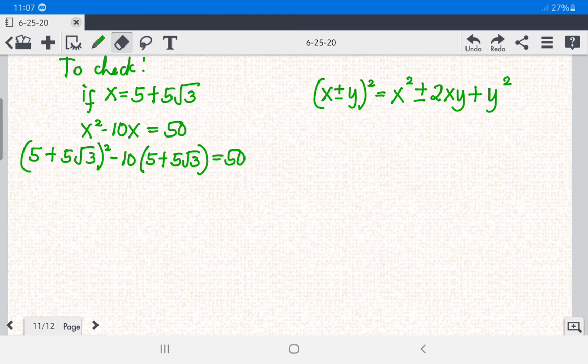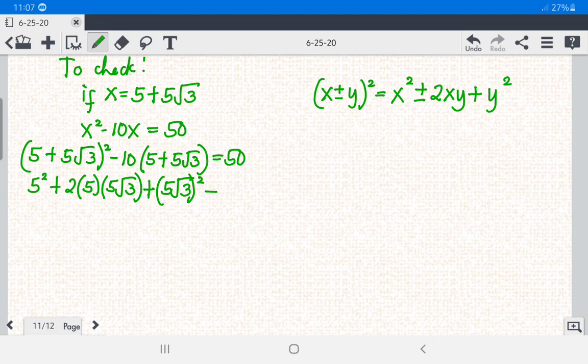So, let us square the first term: 5 squared, plus twice the product of the first term, which is 5, and the second term, 5 square root of 3, then plus the square of the second term, we have 5 square root of 3 squared. Then minus. So here, negative 10 times 5, we have negative 50.